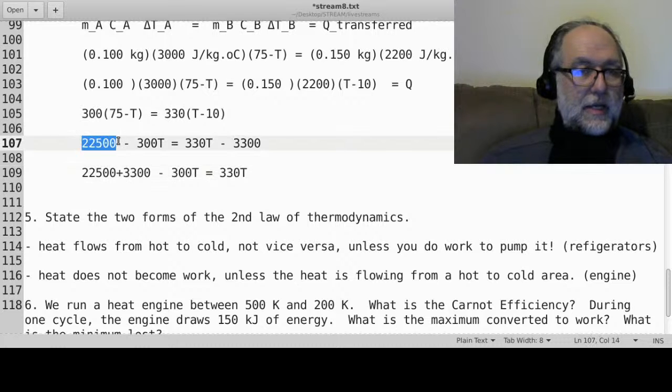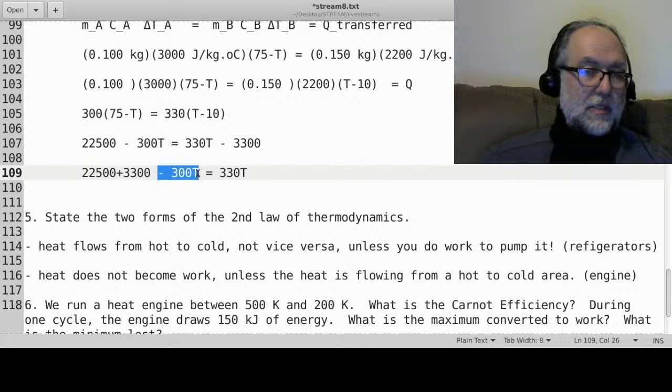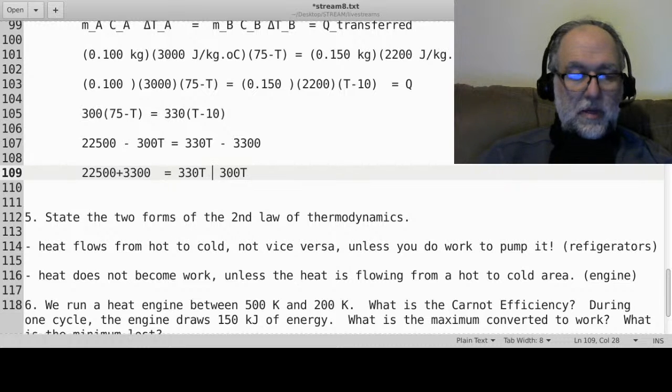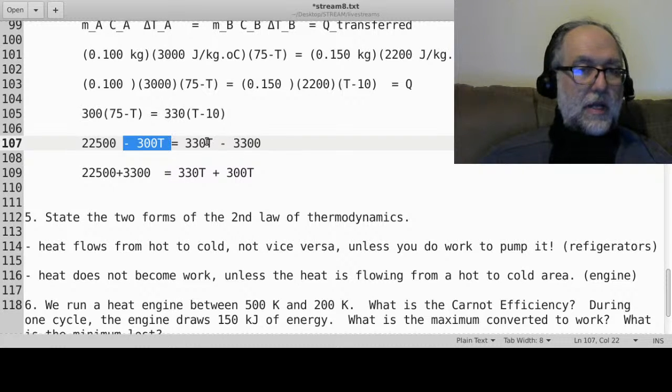Also I'm going to add 300t to both sides. When I do that, that'll disappear from this side and it'll go to the other side. It becomes a plus on that side. So I added 300t here, and I get 330 plus 300t there.